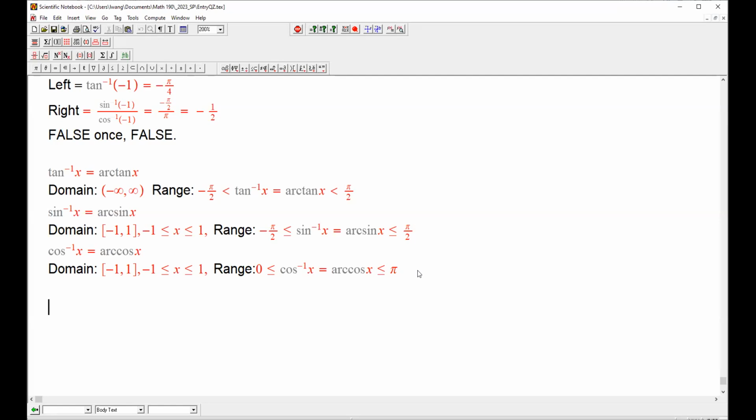All right, so the last group is all about logarithm.